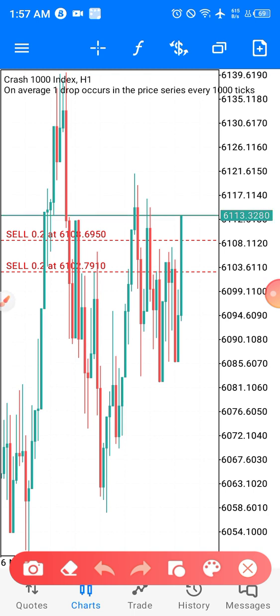Let's say I enter the market around here, and I'm trying to follow the tick upward. Because this is crash, which means it falls downward.